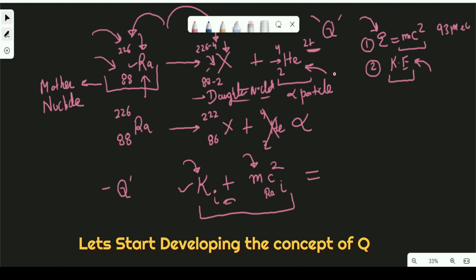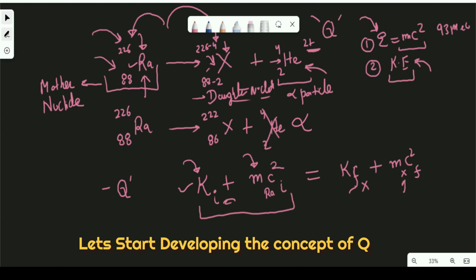Now write the same thing for the product, because the energy has to be conserved. So write the kinetic energy of the daughter. Let's say it's kinetic energy final of the daughter. Then you can write the equivalent mass energy of the daughter, the rest mass energy. I'm using F to show you final on the right hand side, okay?